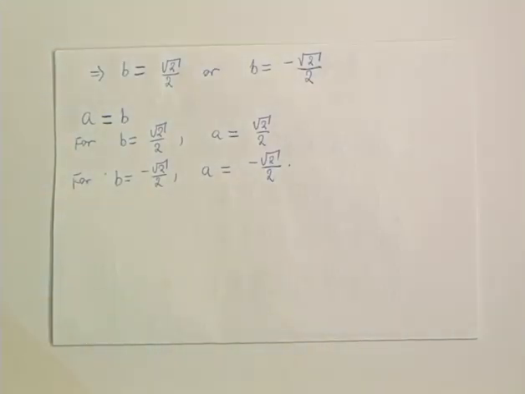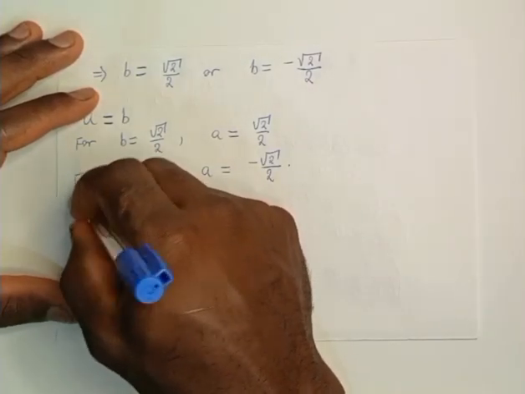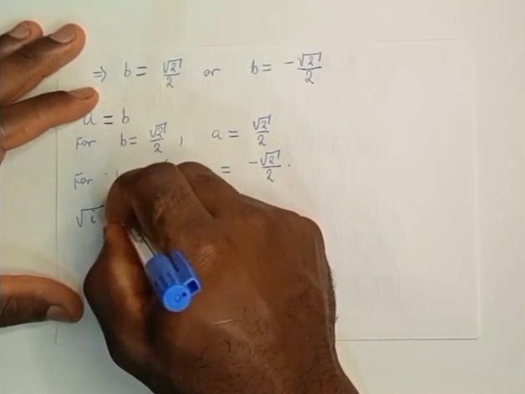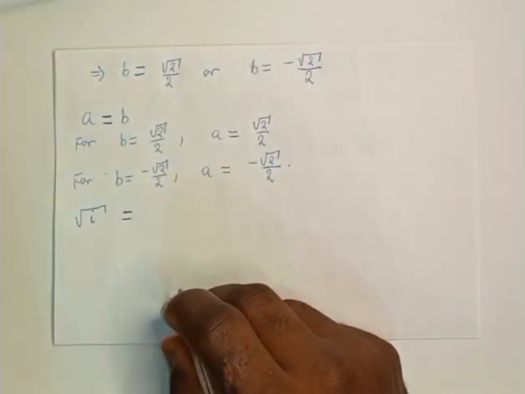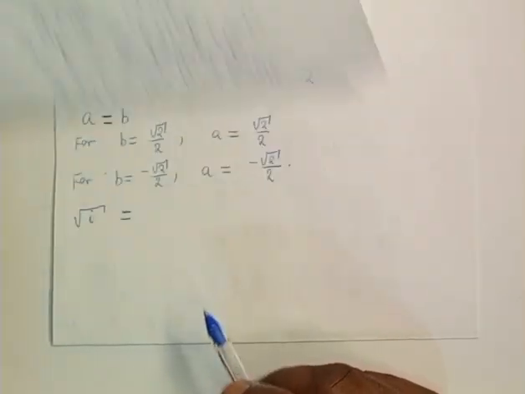Now we can write the square root of i. The square root of i will be equal to, we are going to replace a and b with their respective values.